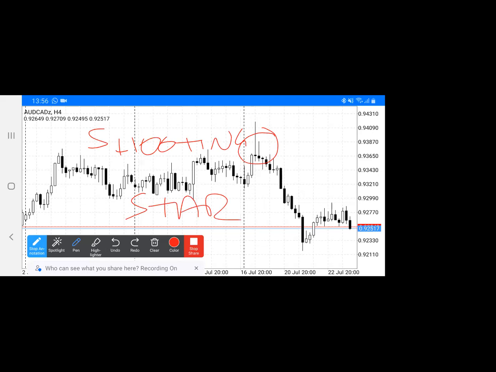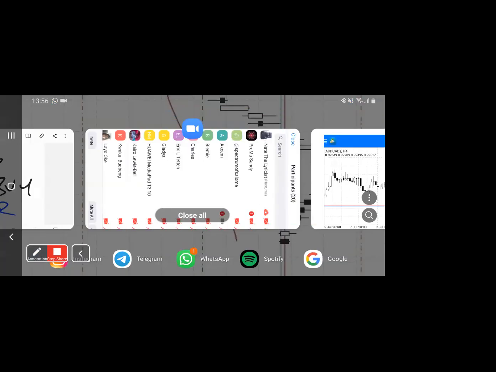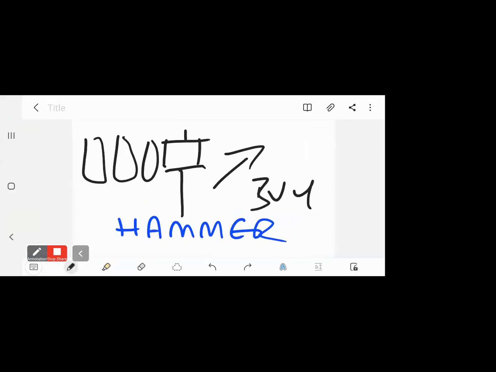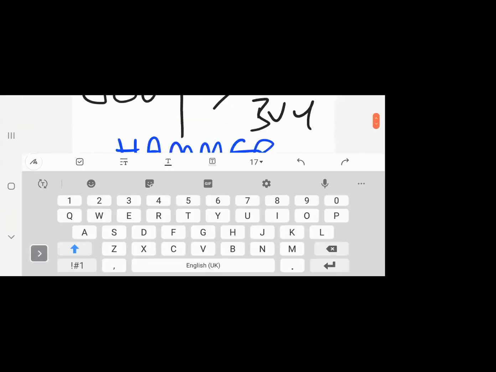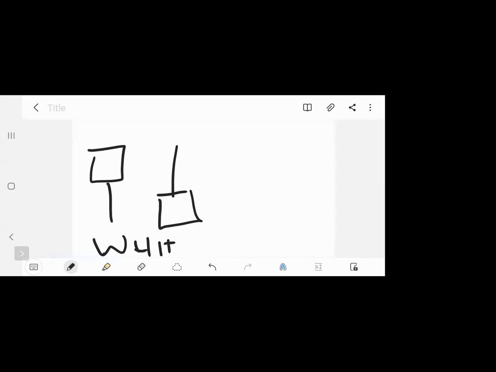So what is a shooting star? Let me show you. Hold on, because there's a couple of these, right? You've got a hammer, and then you've got an inverse hammer. These candles are white.